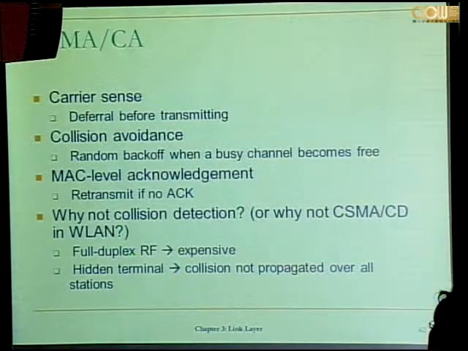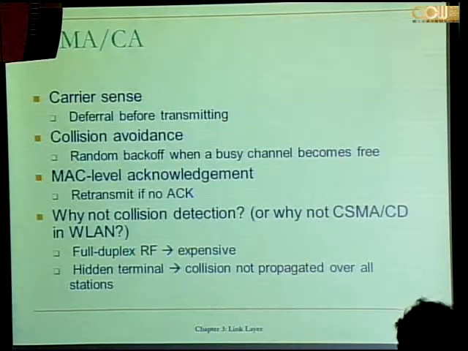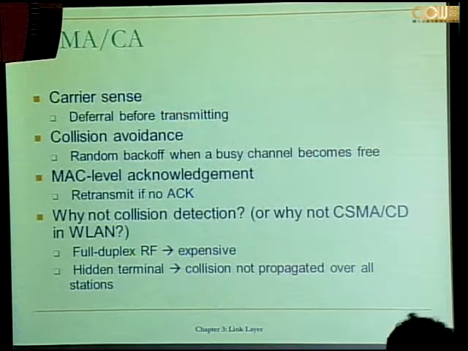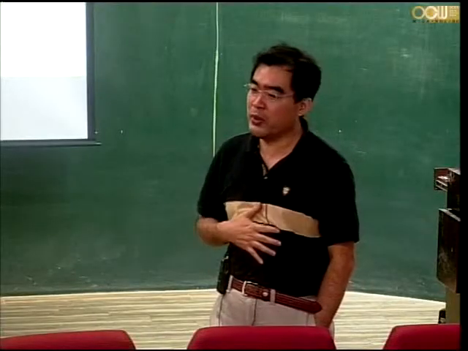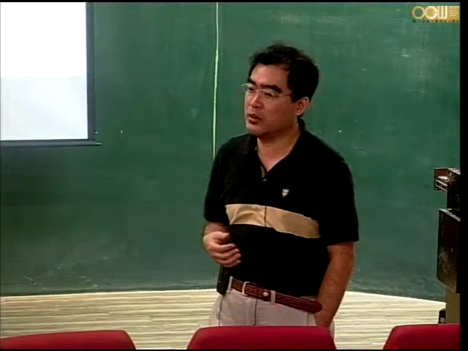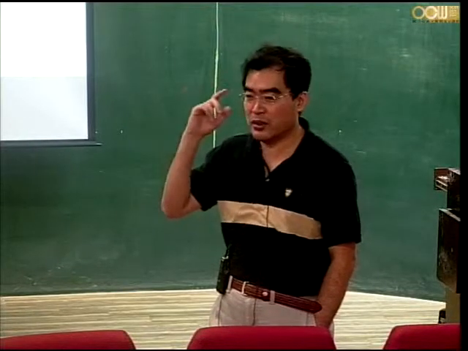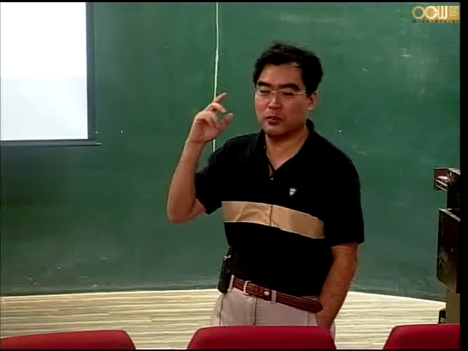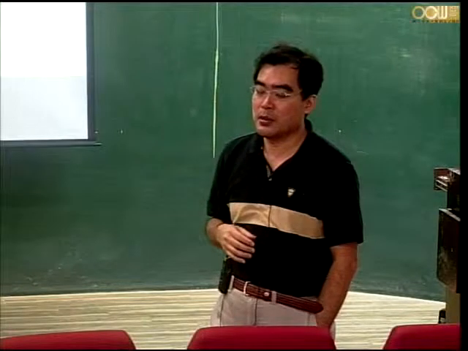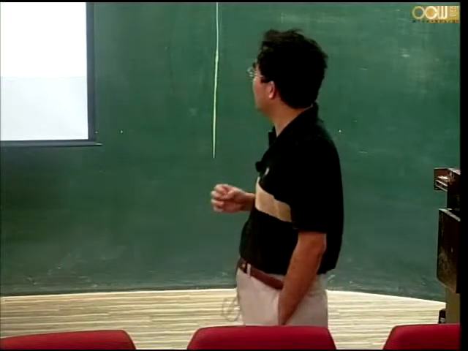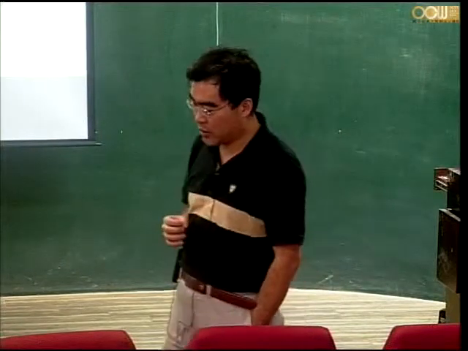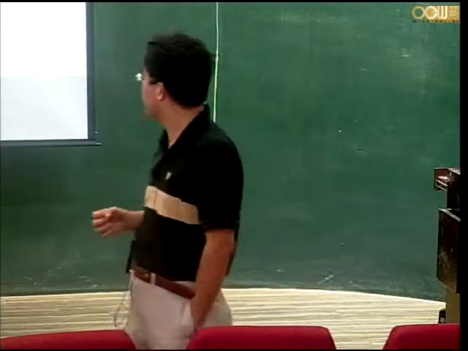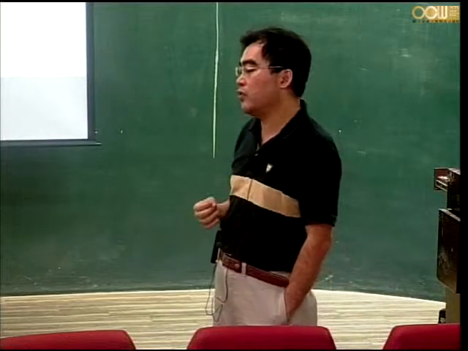The full duplex RF is more expensive. Full duplex RF means that you can listen when you transmit. Well, human beings are full duplex because when you speak, you can also listen, right? But there'll be interference. In a wireless environment, to manufacture a full duplex RF is more expensive than designing a half duplex RF.